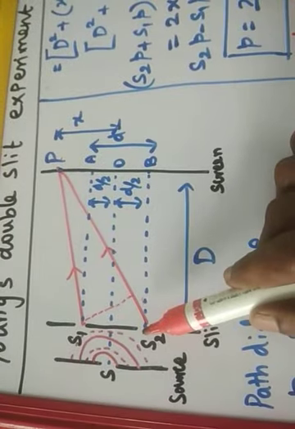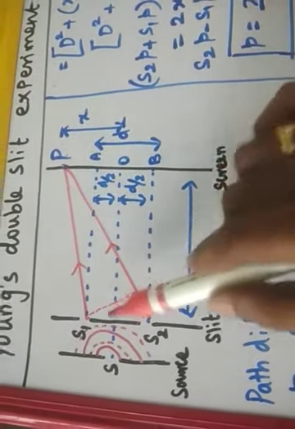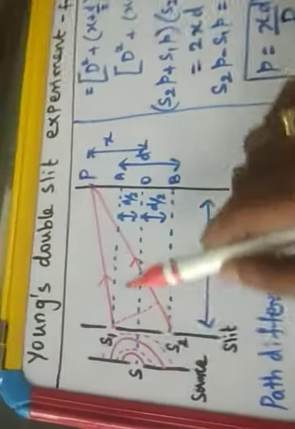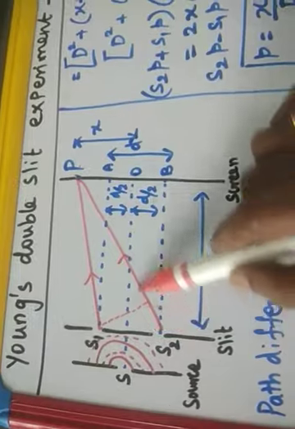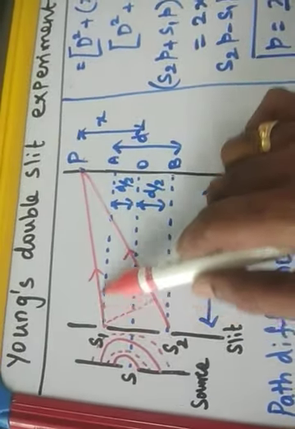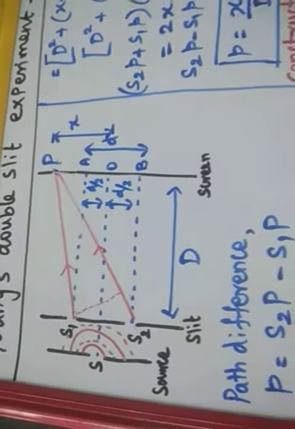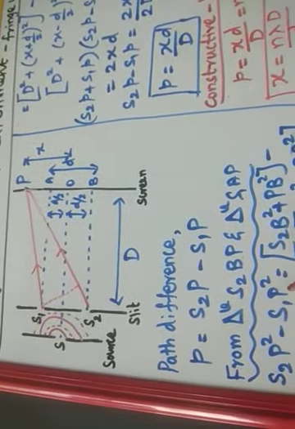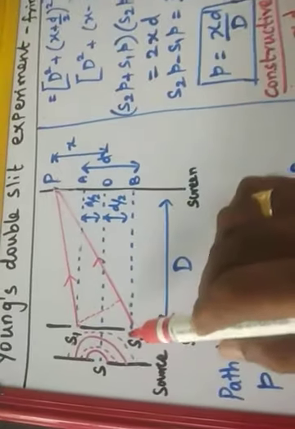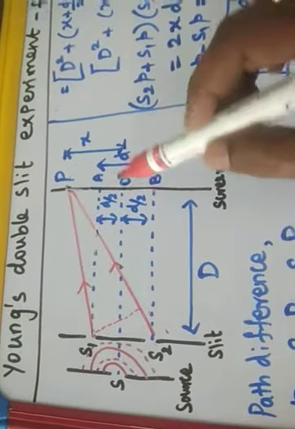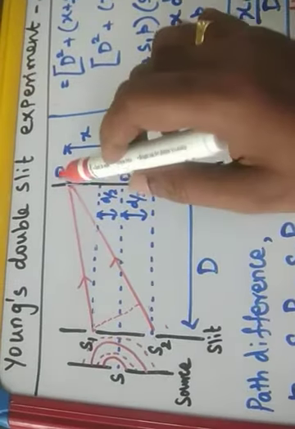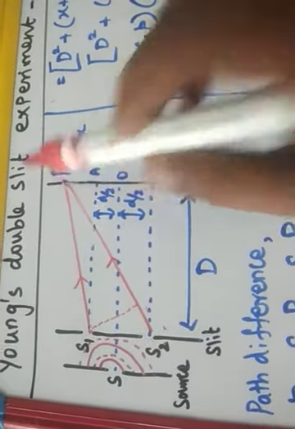In triangles S2BP and S1AP, these are right angle triangles: the lower ray with a right angle triangle, and the top one with a right angle triangle. By using the Pythagoras theorem, we can write S2P squared, which is the hypotenuse, equal to adjacent squared plus opposite squared.